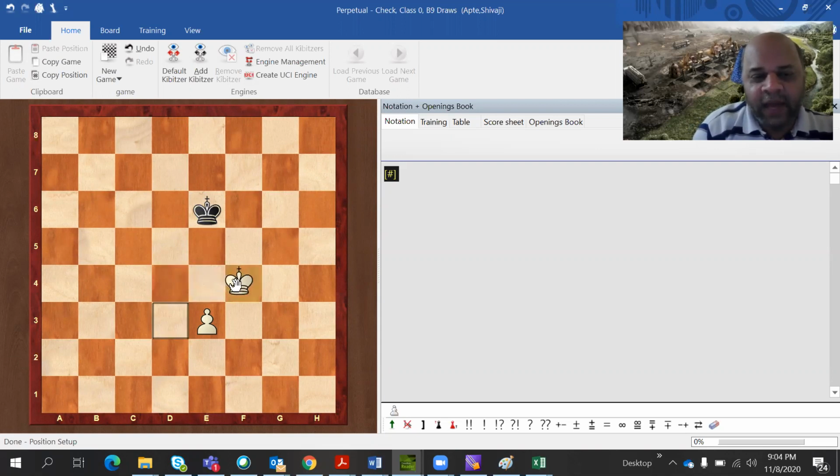Whichever side the white king goes, it has to go to the side and it cannot go back. If it goes back, then black king will come one square further up and then anyway it's a draw. But let us say white wants to maintain the thing. So black's king simply maintains the opposition. Now white has to move the pawn, because if he moves the king, you're not making progress, right?